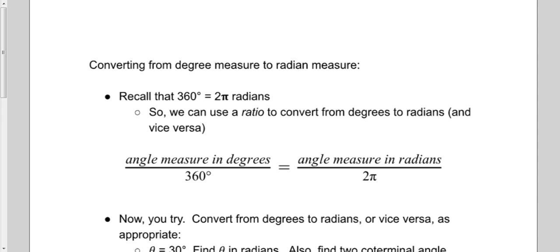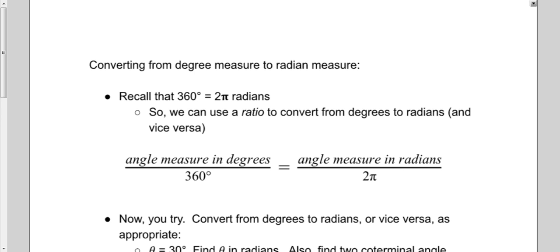I like to go with one. Here is the equation. If I have an angle measure in degrees, Sam, and I want to convert it into radians, I plug the angle measure that I have in degrees right here. And then I solve for the angle measure in radians.